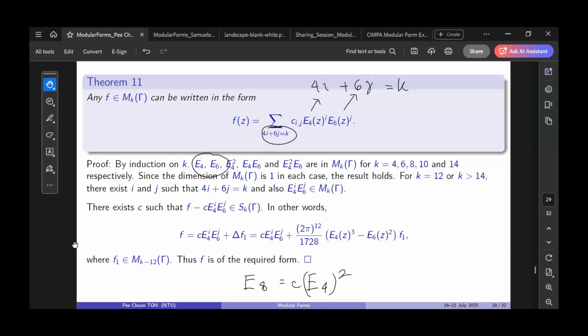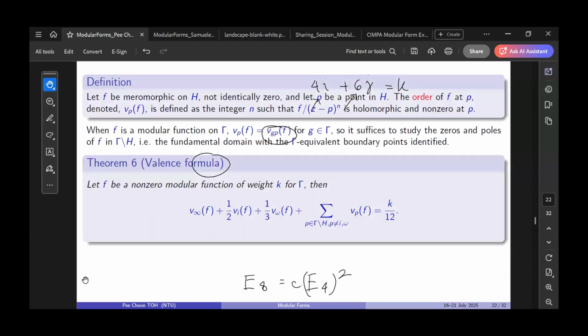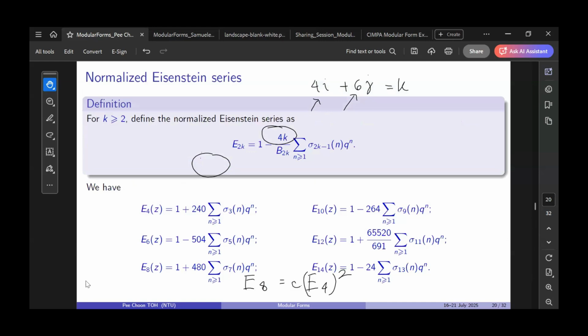This is not hard because we already know the expansion of E4 and E8. This is just a matter of confirming the coefficient. So you can prove that this is just a constant times this square. Not really that hard. Just calculating it is ugly.